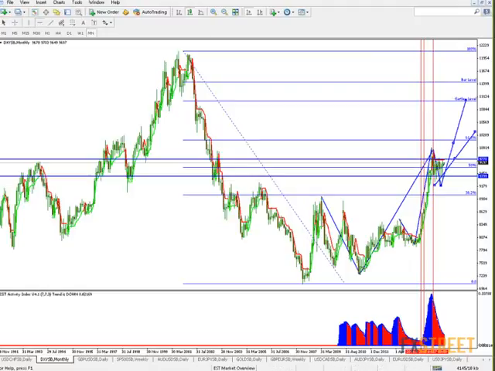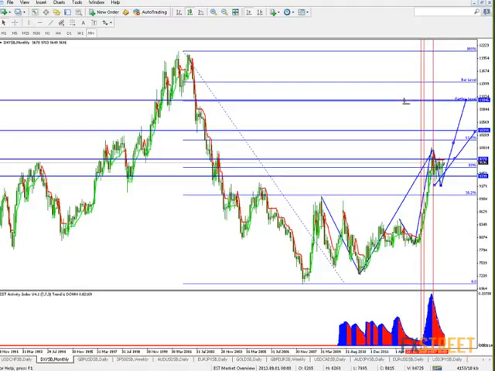So, just based on what we've been looking at right now, I'm looking at a target region.